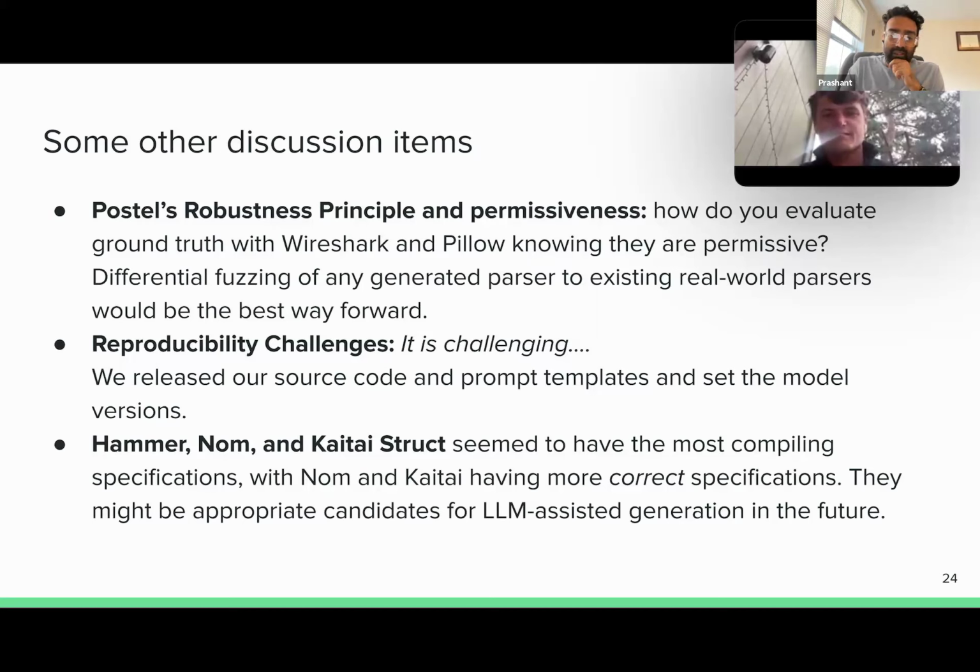And if people are to use LLMs to generate sample specifications, then the recommendation would be to go with Hammer, Nom, or Kaitai Struct, because those are the ones for which a lot of accurate specifications are coming out, and at least they compile. That's the baseline condition. They do compile at least, and going beyond that, we are able to find situations where these are correct.